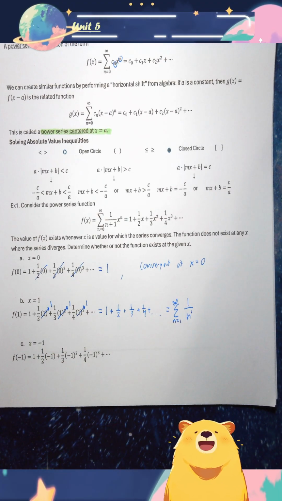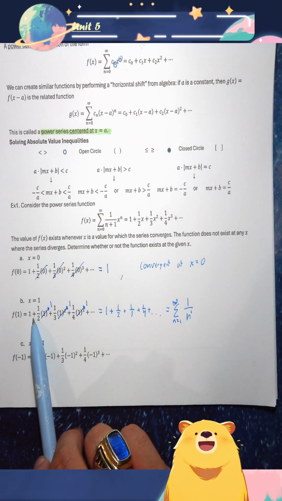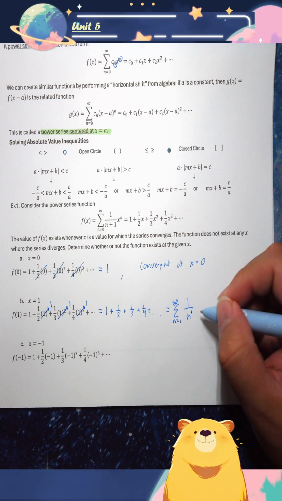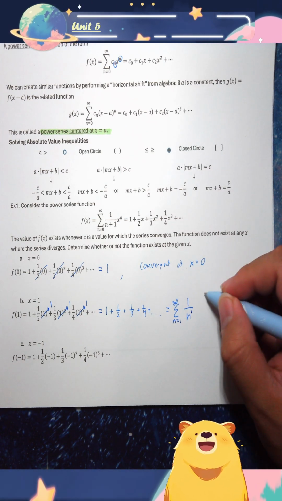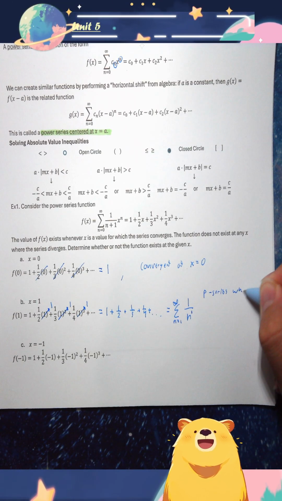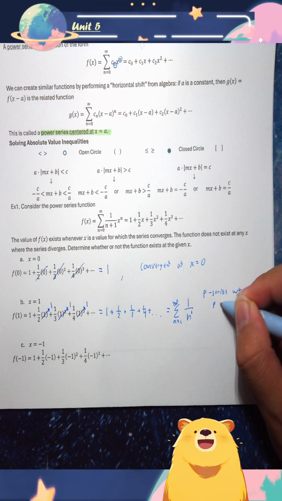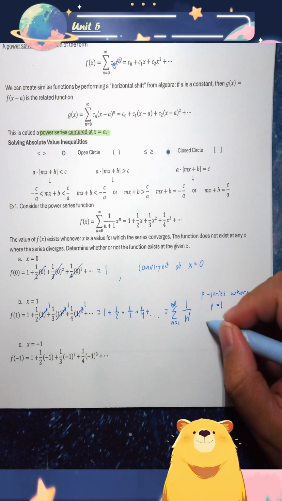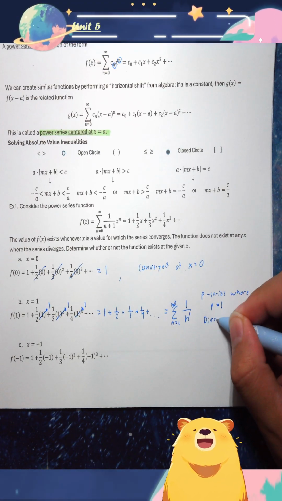Oh no, this would start at 1 by happenstance. Yeah, okay, my mistake. But we know that because this is a p-series where p is equal to 1, this would be divergent.